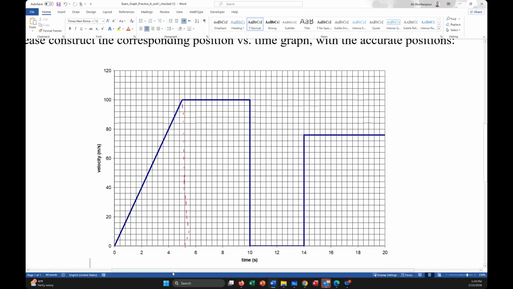Is the part between 5 and 10 seconds considered constant velocity? Yes, constant velocity. The velocity is not changing, okay? That's considered rest then. Rest, yes. And then what happened again? Constant velocity. But what is the value of the velocity? 7. Good?